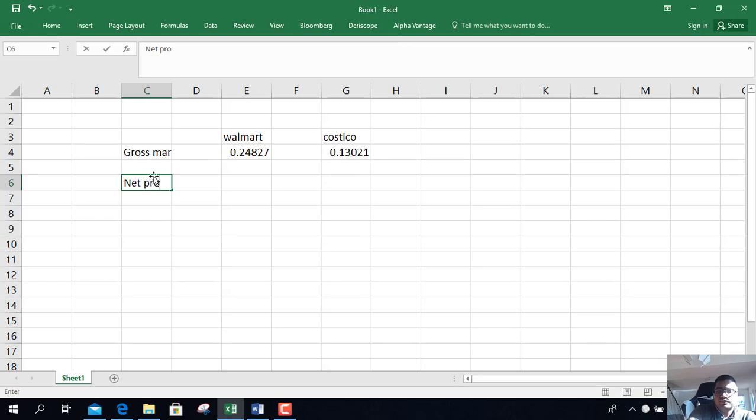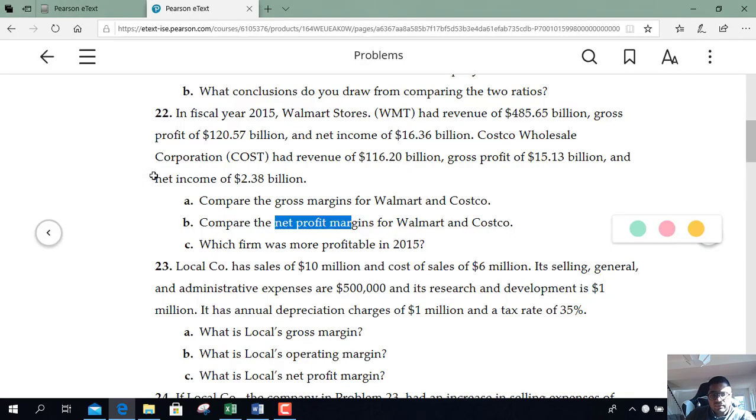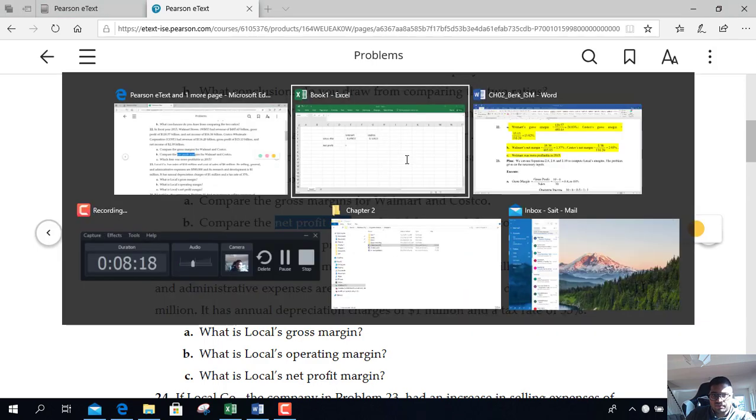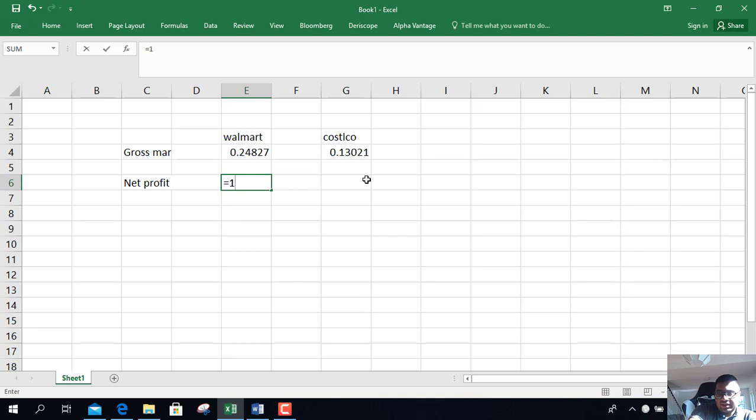Net profit margin is net income divided by sales. 16.36 divided by 485.65 for Walmart, and 2.38 divided by 116.20 for Costco. So for Walmart, it's 3.37% or so.